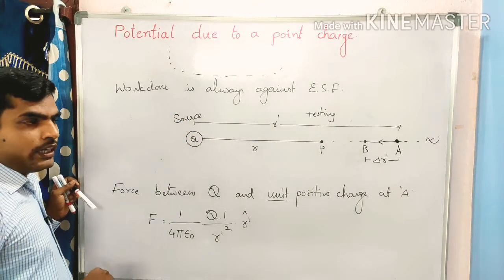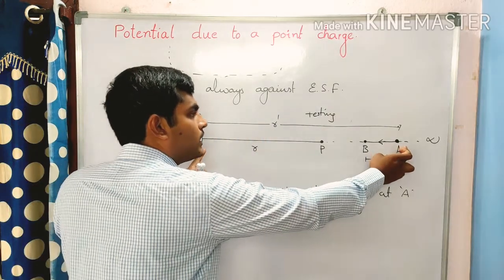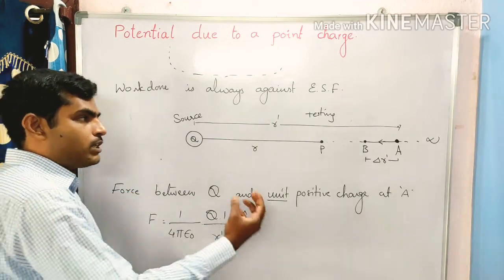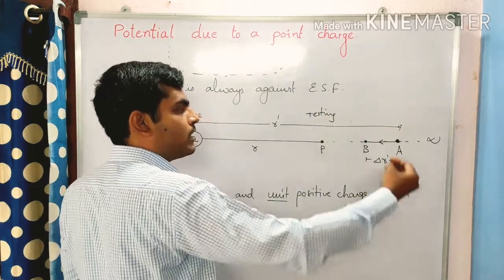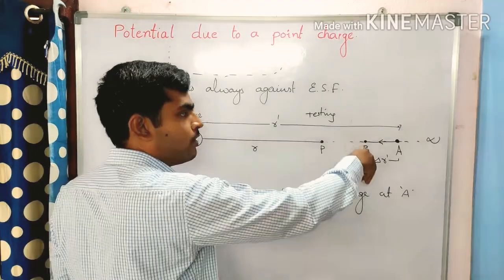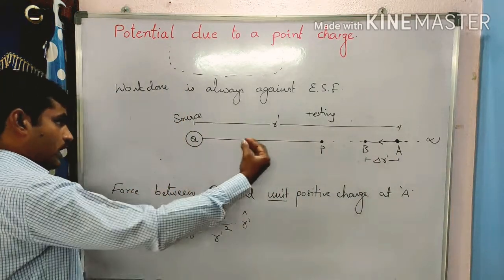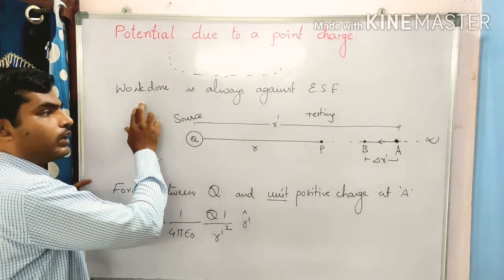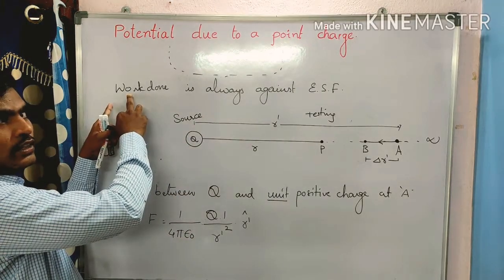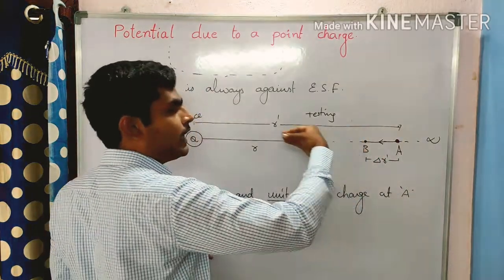It is trying to repel it. In our previous video we have seen it is trying to repel the charge at A. So I am applying some force, and that work done is stored in the form of potential energy here. Work done I want to calculate. How much force it applies, the same force I have to apply in the opposite direction.